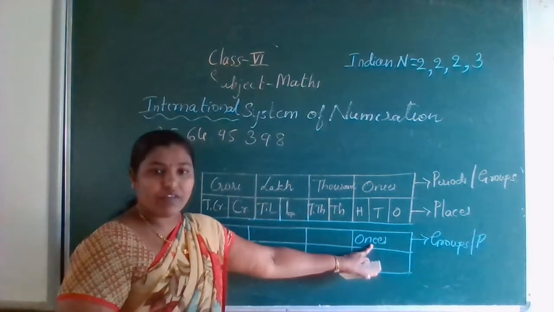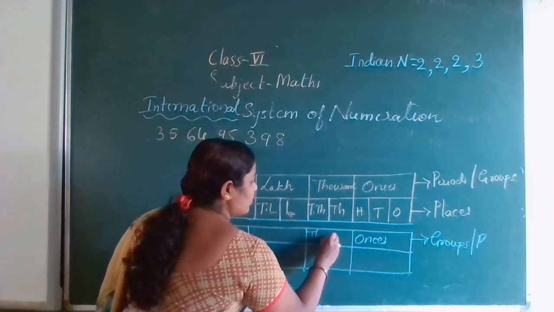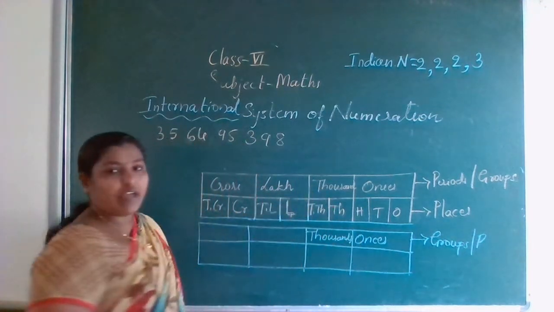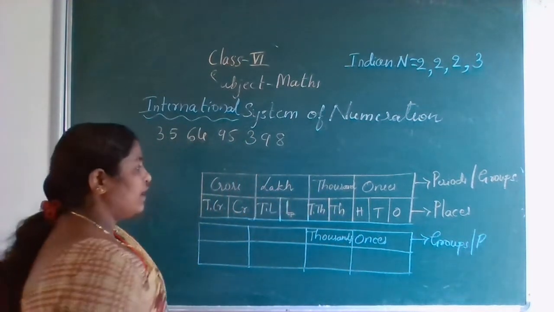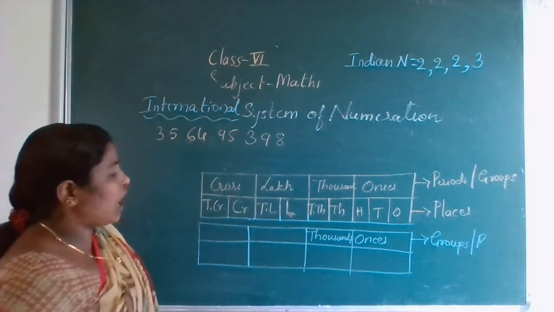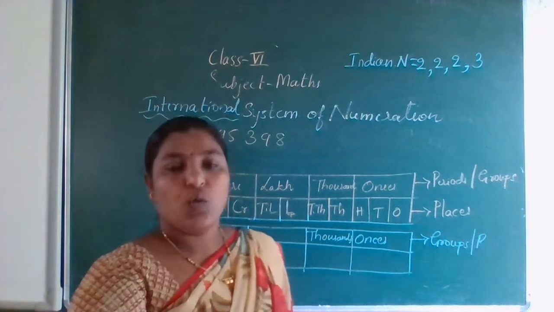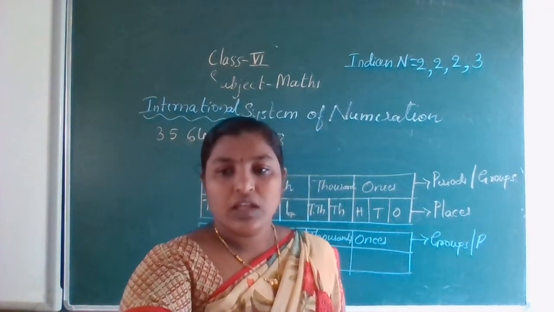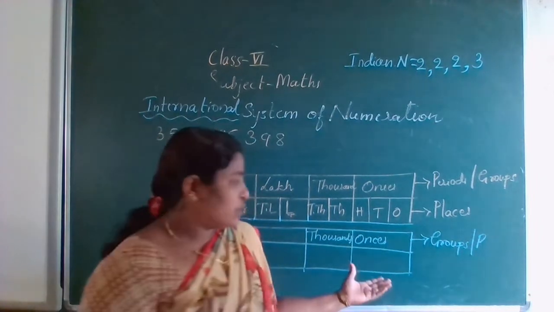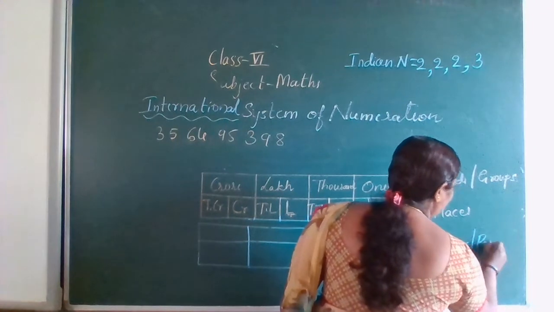This also has the ones group, then the thousands group. Next will be ones, thousand, and next instead of lakh we will have millions. Okay, this is the international system of numeration, known as groups or periods.